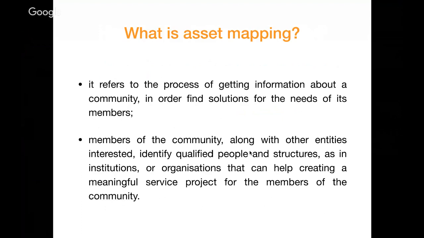Those entities can be other people or local authorities, whoever is interested. It is also important to identify qualified people and structures so the service provided is meaningful and fulfills the needs of the members of the community.